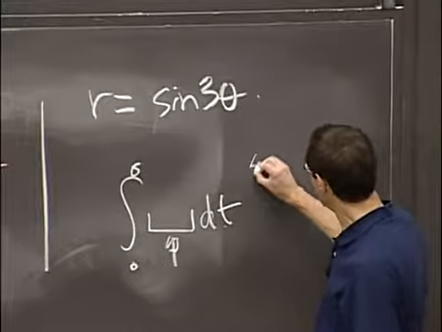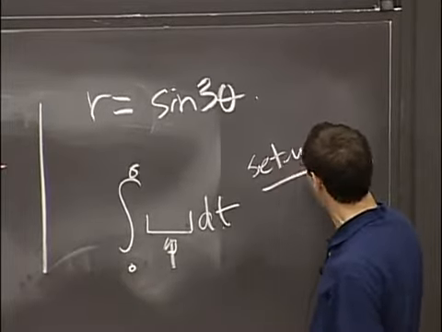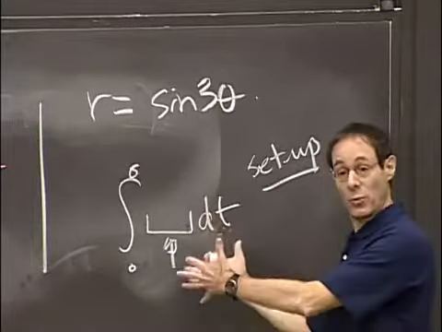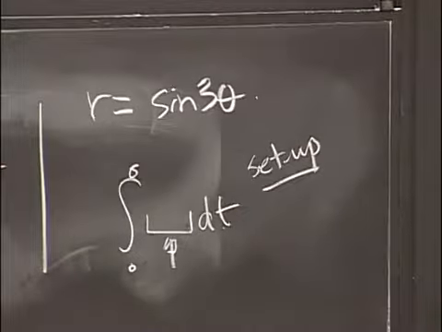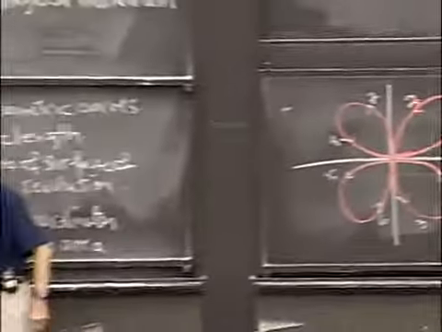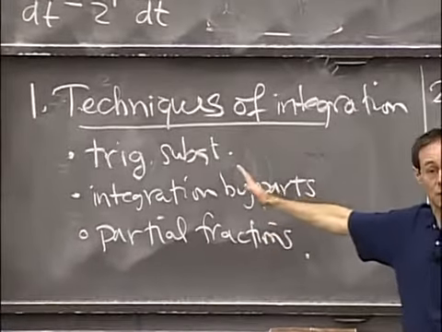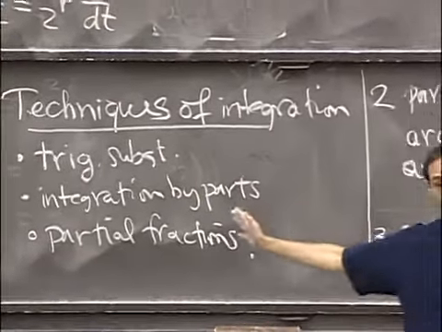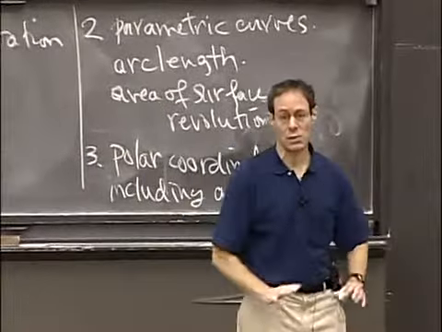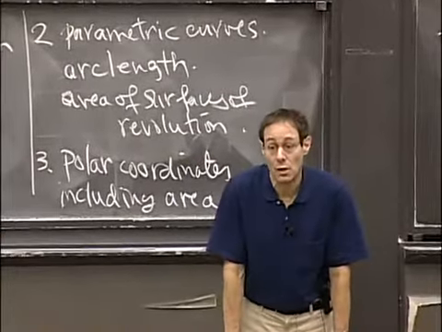This is the setup for all of them. And then the second step is evaluating, which really is what we did in the first half. Unfortunately, we don't have infinitely many techniques, and indeed there are some integrals that can't be evaluated and some that are too long. So we'll just try to avoid those. I'm not trying to give you ones which are hopelessly long.